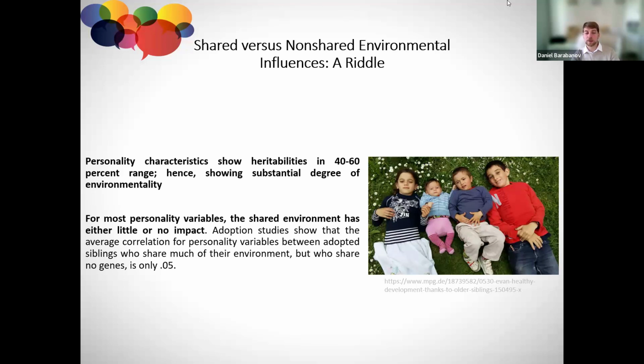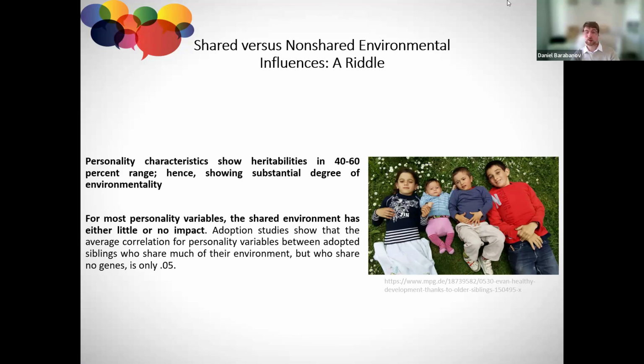But again, it's counterintuitive. Many parents think, oh, what we do with our children is much more important than what happens at schools, for example, or the influence of friends my child has. But actually, this research shows that probably friends of your children might have a bigger impact on their personality than you as a parent, which is again counterintuitive and goes against a lot of cultural stereotypes.